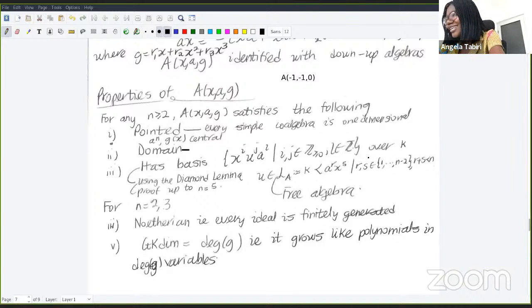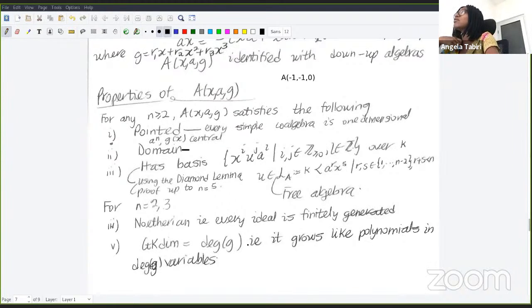So this will form a free algebra, which will make things explode for us, because we wanted algebras which grow polynomially, but it seems things go really bad when the degree exceeds 3. So nice properties happen when the degree is 2 or 3. They are Noetherian, domains, finitely generated, and they have finite GK dimension.